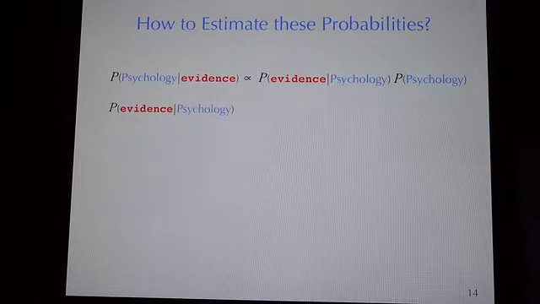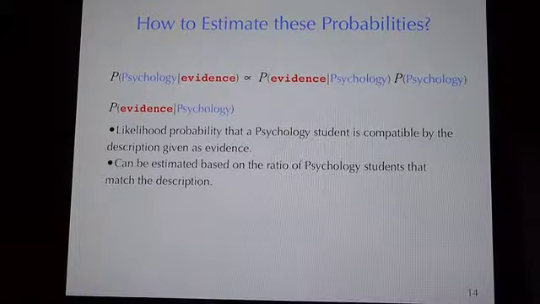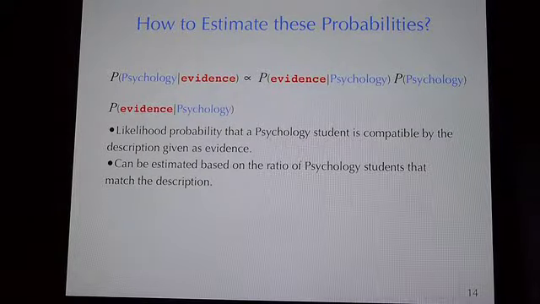So for the first probability, we basically want to go through, ideally, all of the psychology students, but that's usually difficult to do, or at least a large enough sample of the psychology students, and see how well they match this description. If a large proportion of them match this description, then we have a large likelihood probability.